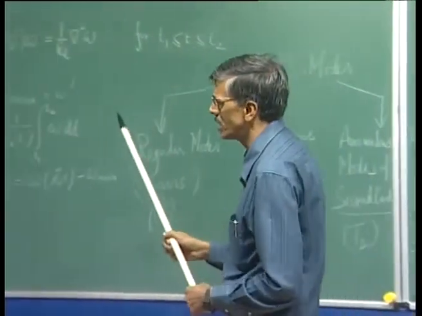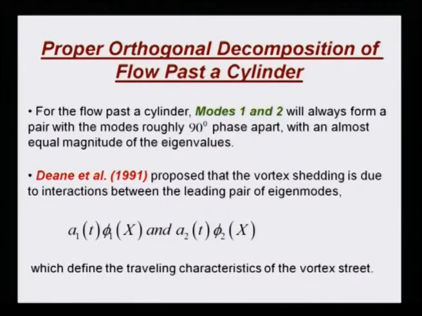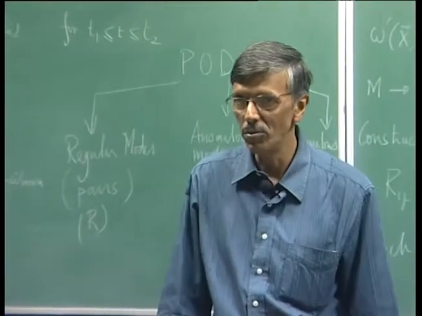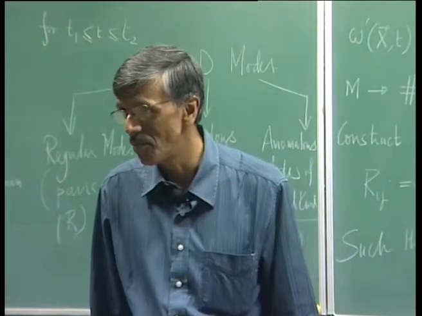So if I look at the flow past a cylinder, this is what is always observed. Modes 1 and 2 will form a pair, and the modes will be roughly 90-degree phase apart. Now, this might raise a query from your side, why it is roughly 90-degree and not exactly 90-degree. While we are talking about orthogonal decomposition, so what does that orthogonality mean? Orthogonality would imply strict 90 degrees.